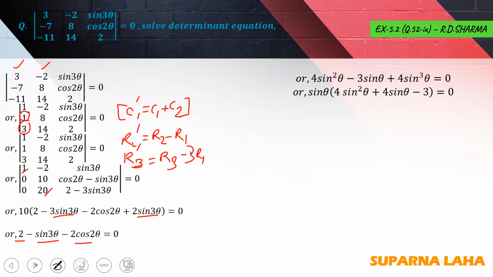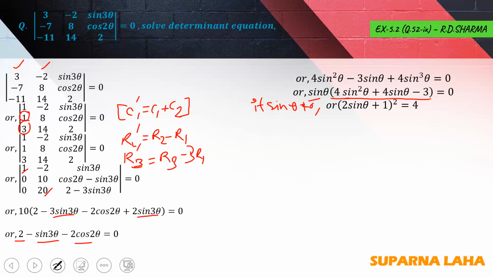So either sin theta will be 0 or this term will be 0. So I'm taking this term first, and then we will talk about sin theta. So if sin theta is non-zero, then this term is 0.